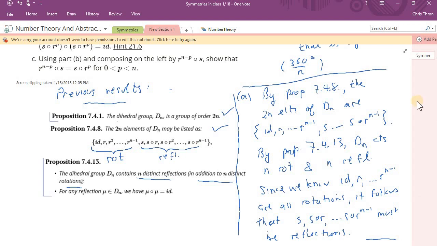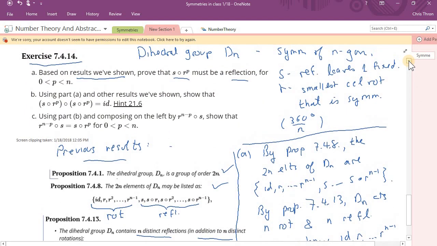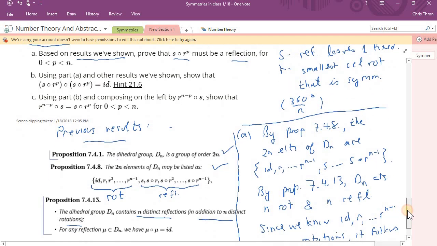All right, so let's look at part B. Again, we want to use our previous results. Okay, so using part A and other results we've shown that S composed R to the P composed S composed R to the P is the identity. Well, you want to look back and see what are the properties of reflections. In fact, if you look at 7.4.13, you'll see the property that you need.